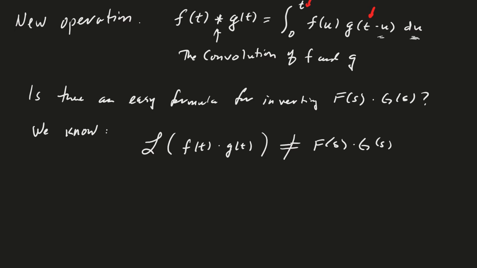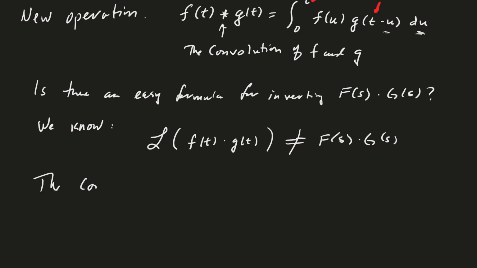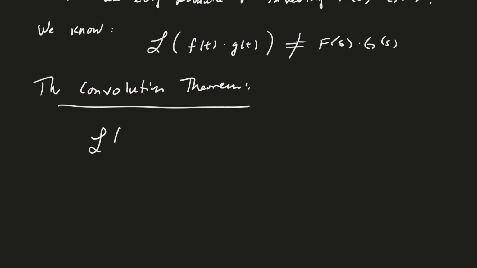Okay, so as it turns out, it is the convolution that will give you the product. This is actually something called the convolution theorem. The convolution theorem says that if I take the Laplace transform of f of t convolved with g of t, I can find that by taking just the Laplace transform of f and multiplying that times the Laplace transform of g.